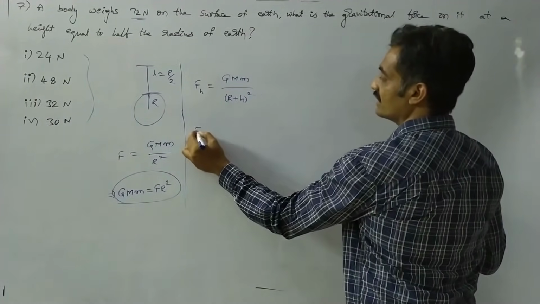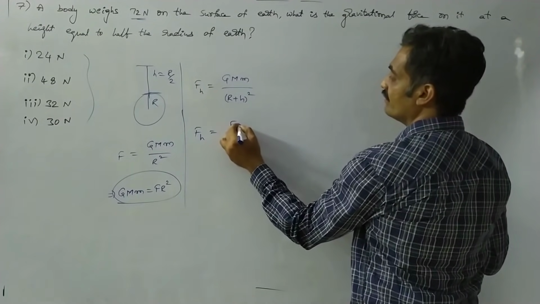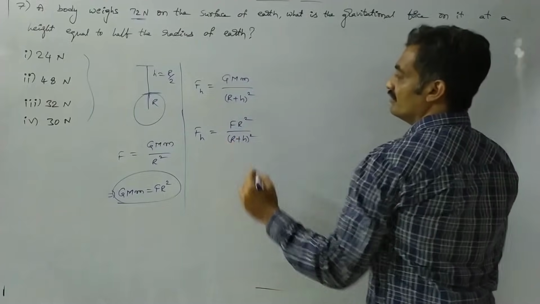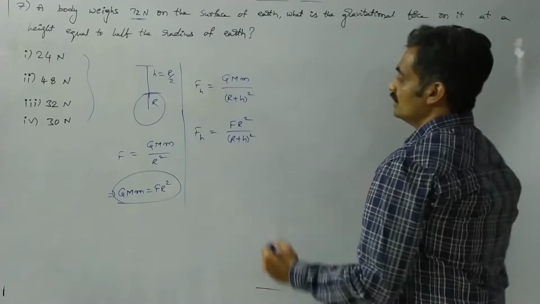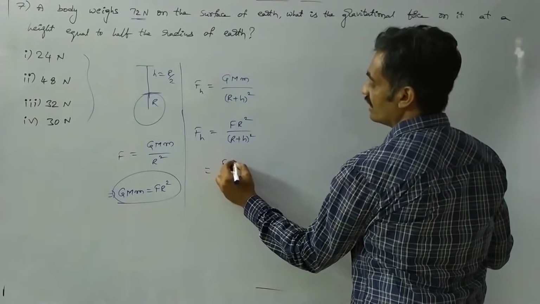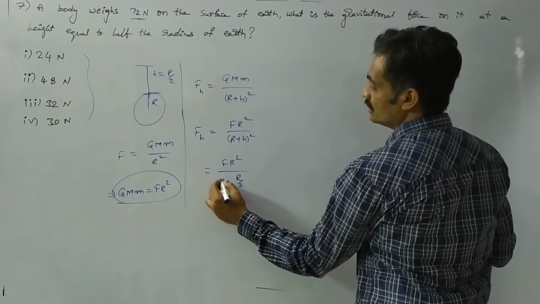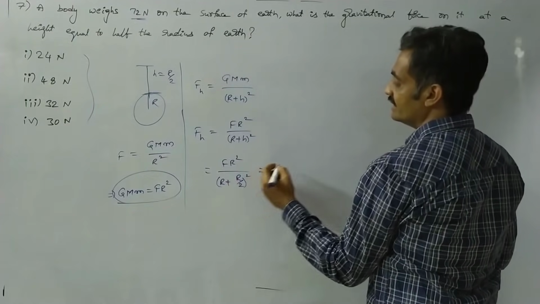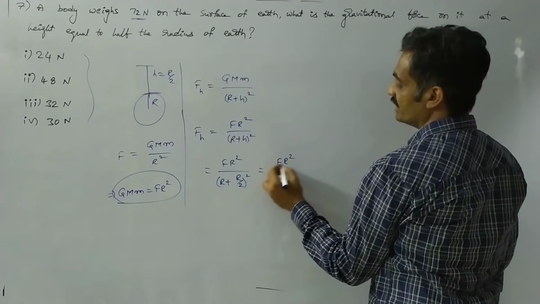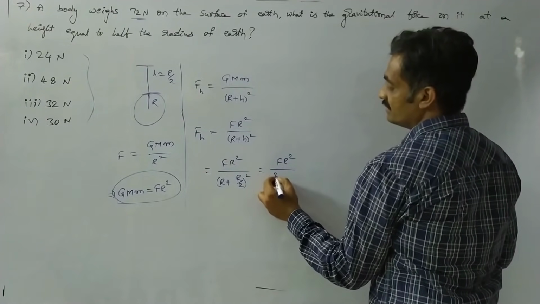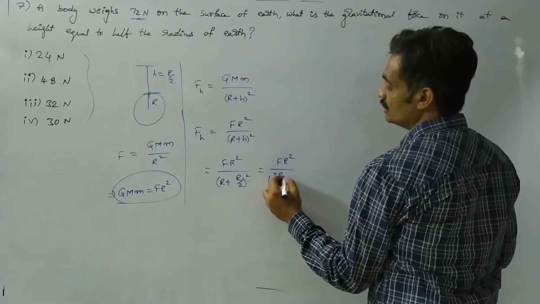So if I substitute here, we have F suffix h equals F r square by (r plus h) whole square, where we know that h equals r by 2. So if I substitute here, we have F r square by (r plus r by 2) whole square. So we can write it as F r square by, taking LCM, we have 2r plus r, nothing but 3r by 2 whole square.